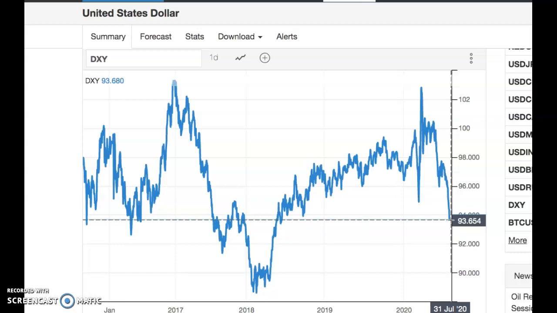But everything that we buy from other countries will be more expensive, which can put pressure on inflation. Because remember, a lot of consumer goods are produced in other countries, like China, for example, and Japan, and some others. And so when the dollar drops, those goods become more expensive.